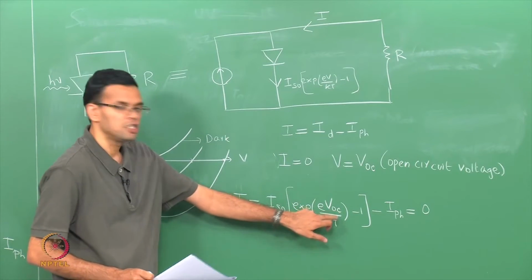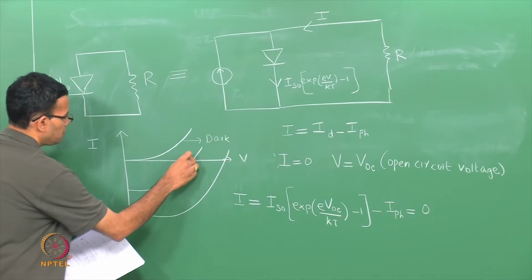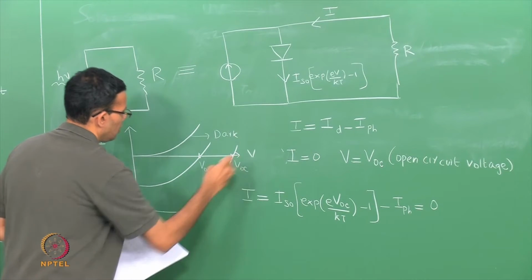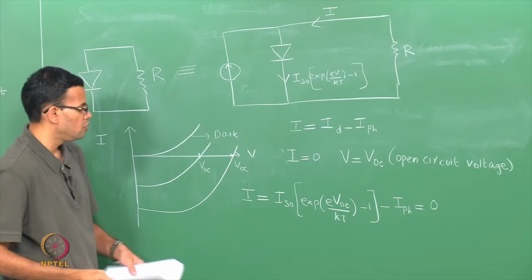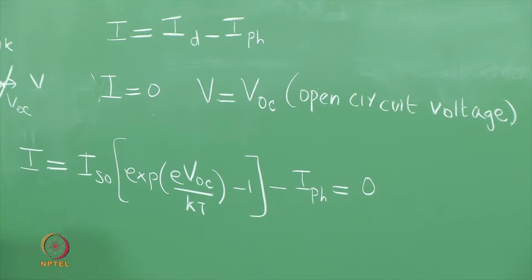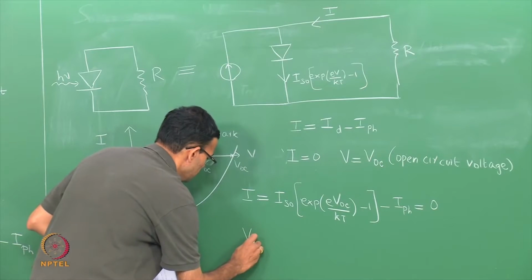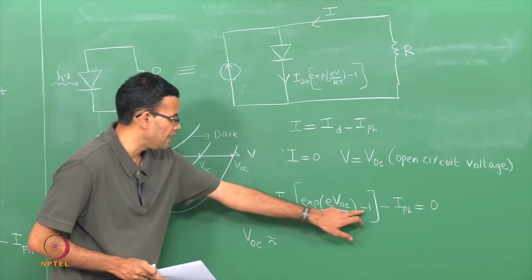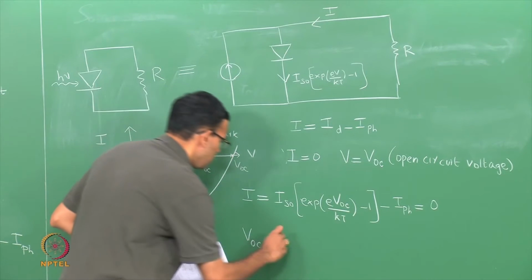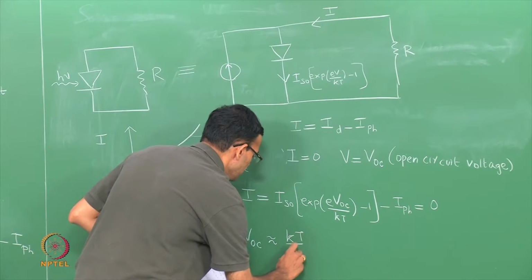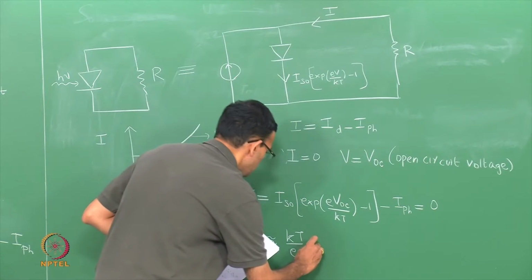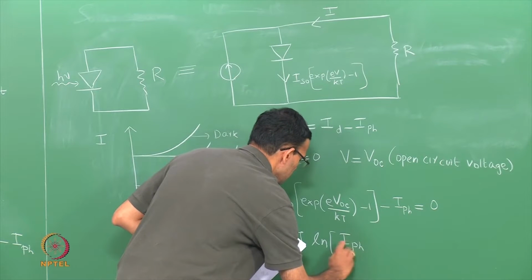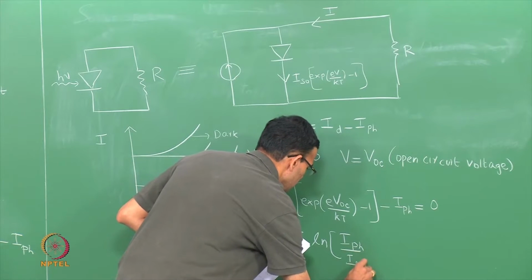So, when the voltage is VOC, which refers to this point, the current is 0. So, we can rearrange this expression to give you VOC to be approximately equal, you can neglect this factor minus 1, to be kT over e ln of IPH over ISO.